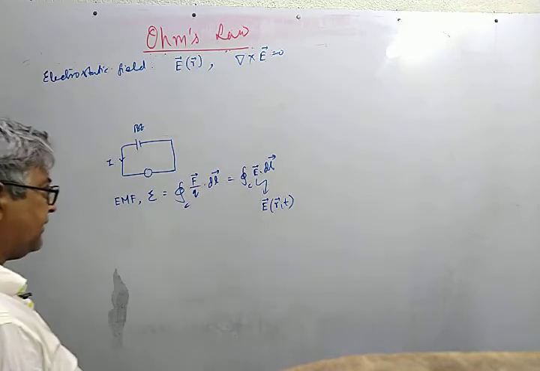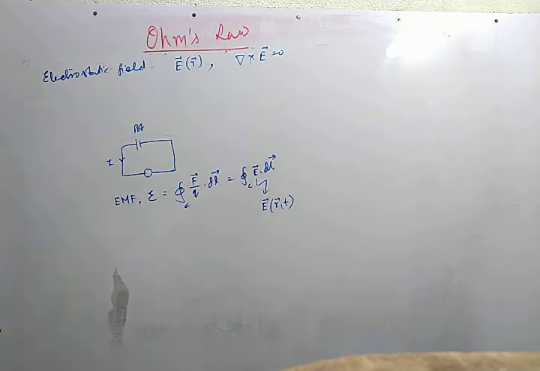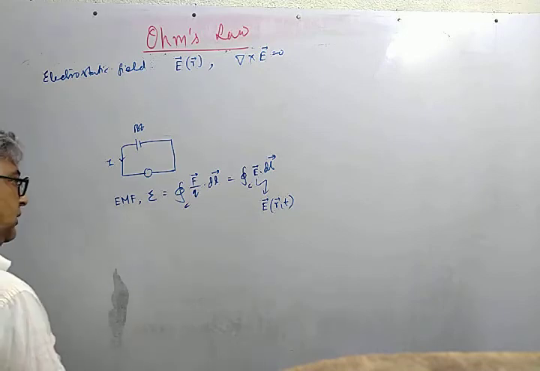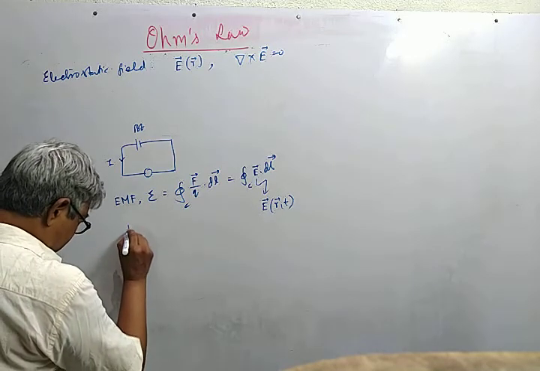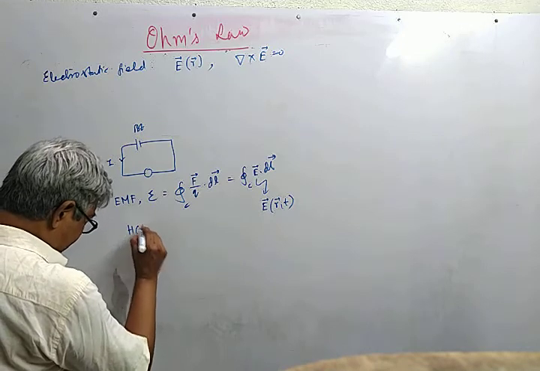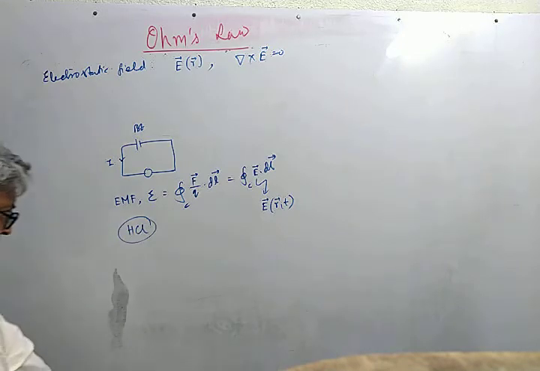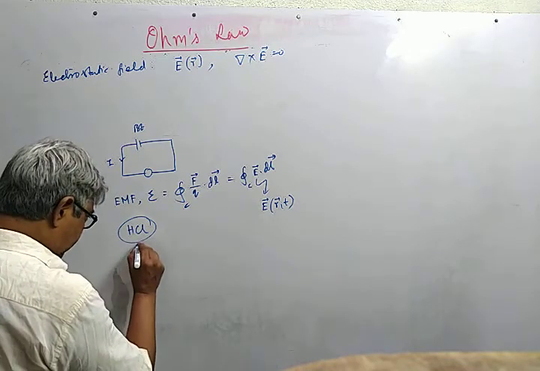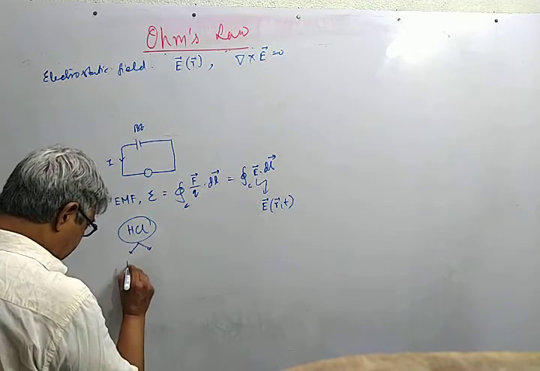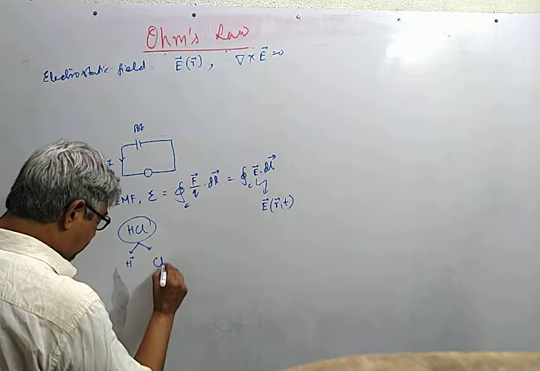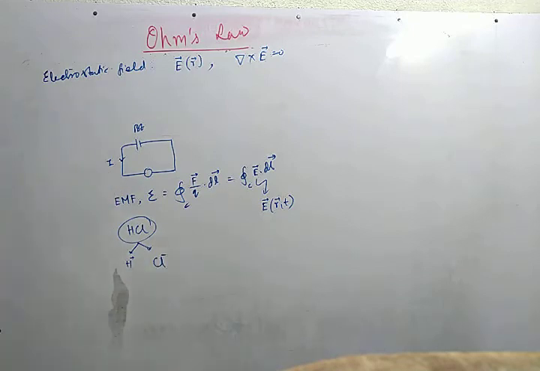This electromagnetic field may arise due to several reasons. One of the reasons is the chemical effect. If we consider HCl dissolved in water, then it dissociates into H plus ion and Cl minus ion.